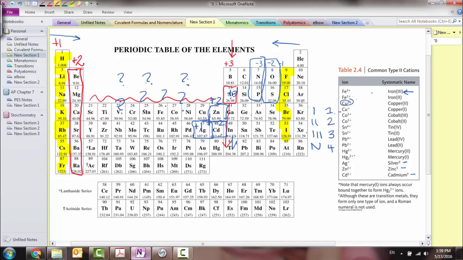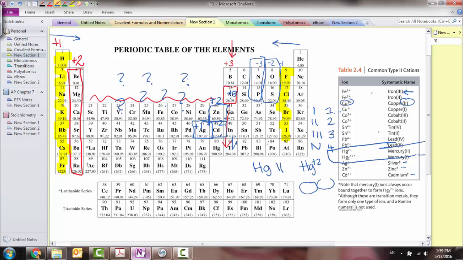Copper 2 right here has a +2. The only thing that gets a little wonky is this guy right here, mercury. Sorry, I'm not so good at this, it's a little bit strange. Mercury 2 is kind of normal. It tells you Mercury 2 has a +2 charge. But Mercury 1 is diatomic. It means that it is stuck together with another mercury like a Siamese twin.